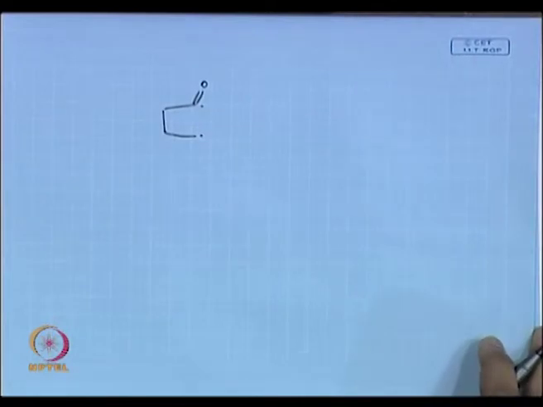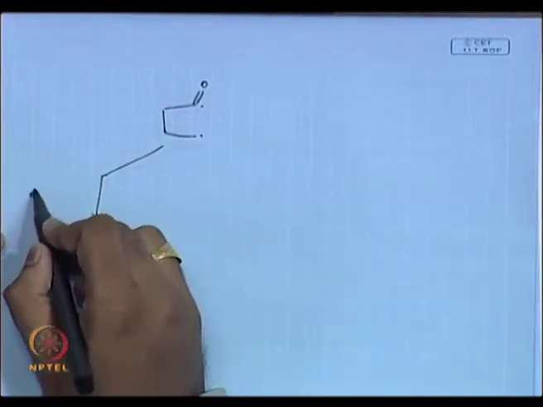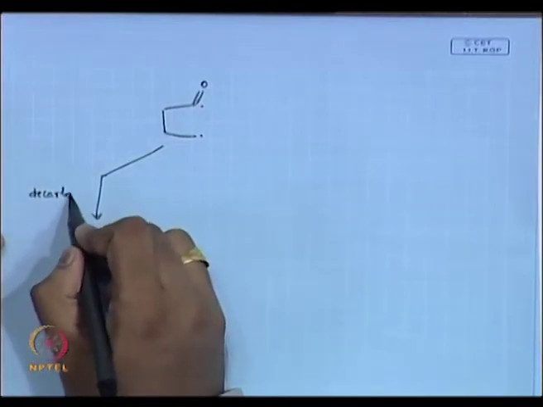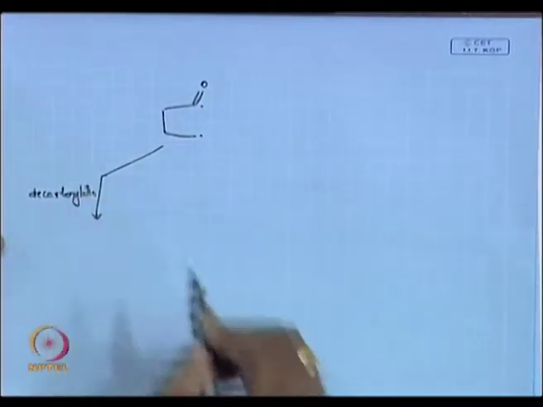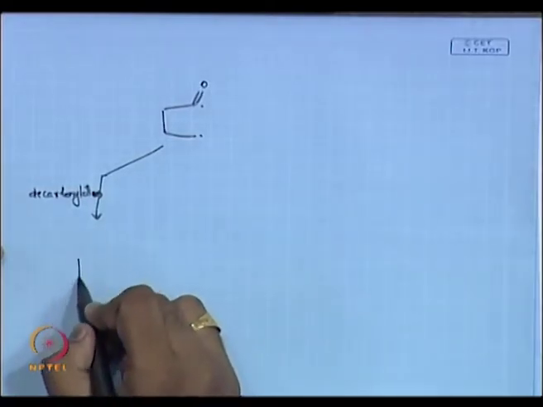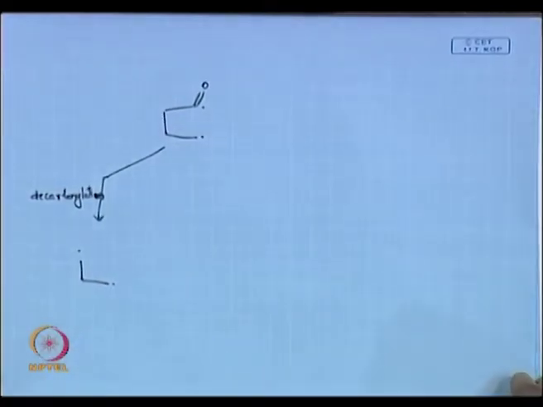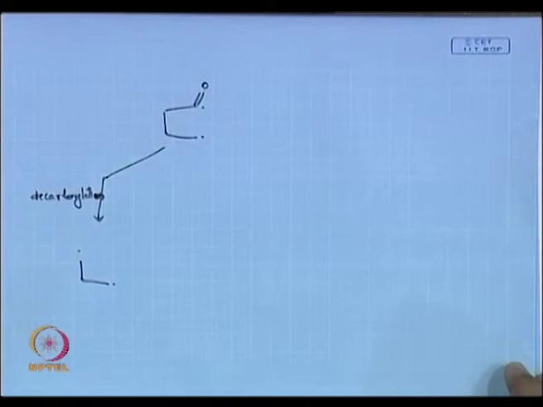First thing you can think about is decarbonylation, giving you a 1,3 diradical system. So, we have seen a 1,5 diradical system, we have observed a 1,4 diradical. Okay. Now, we are seeing a 1,3 diradical.